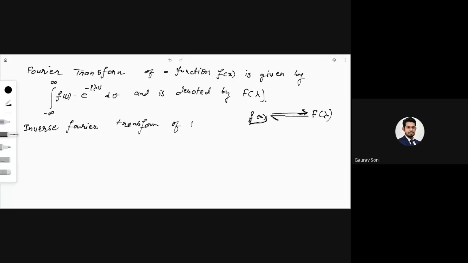of F of lambda is given by 1 upon 2 pi integral minus infinity to plus infinity capital F of lambda e to the power i lambda x d lambda.